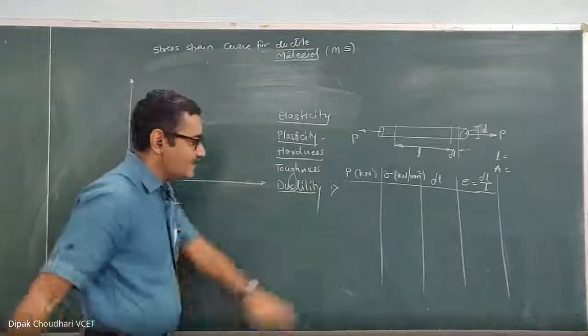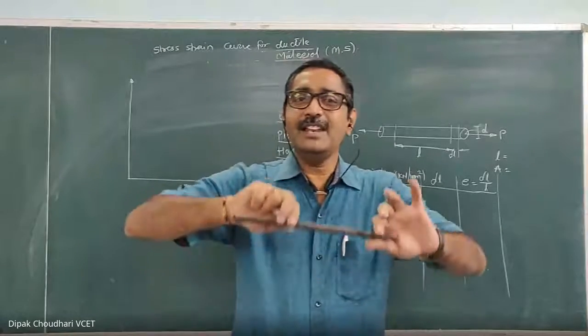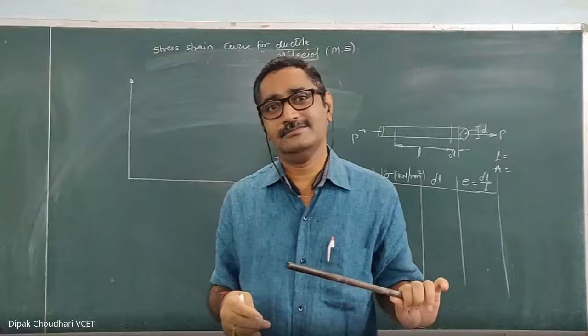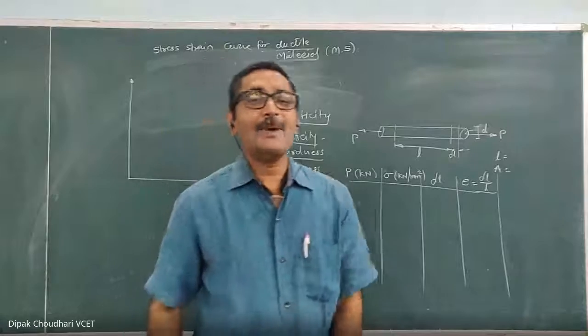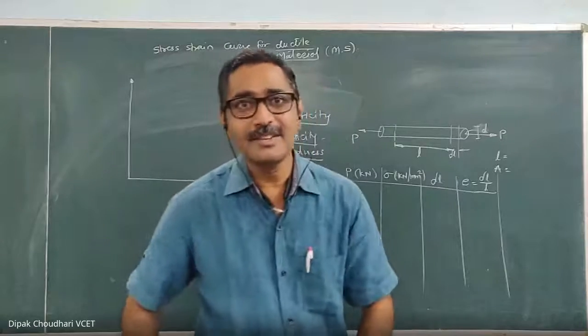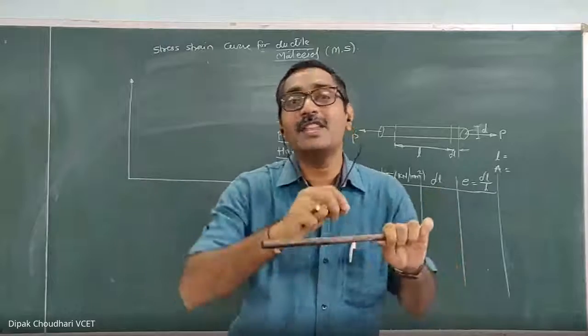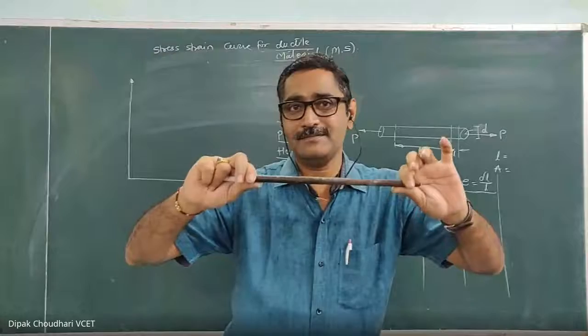Ductility. Ductility is a property by virtue of which the material can elongate without failure. It is the property by virtue of which the material can be produced in the form of thin wire under the action of tensile force.